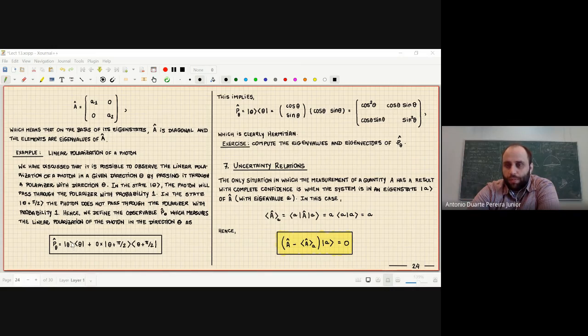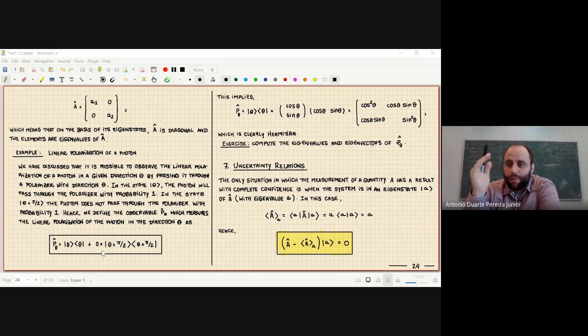Is the photon polarized with linear polarization theta? Yes or no? So I have two vectors, namely theta and theta plus pi over 2, for which I know the outcome of my experiment.